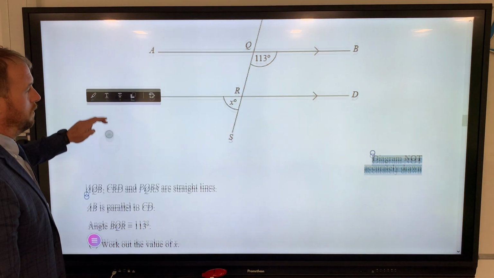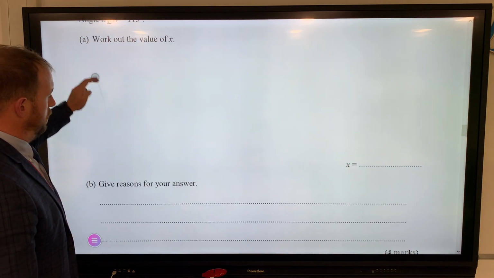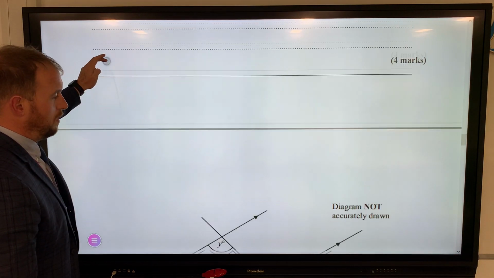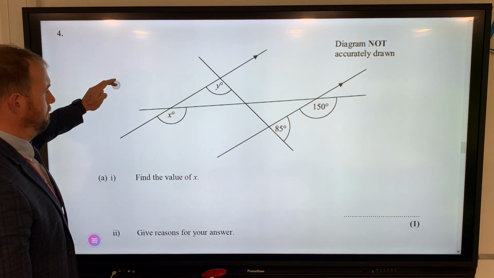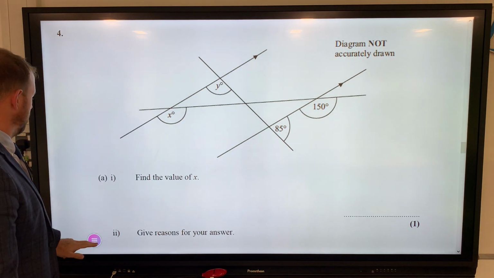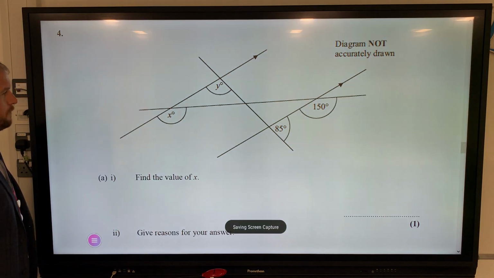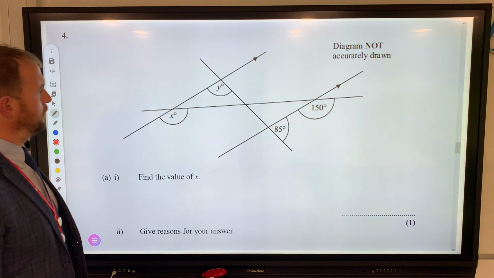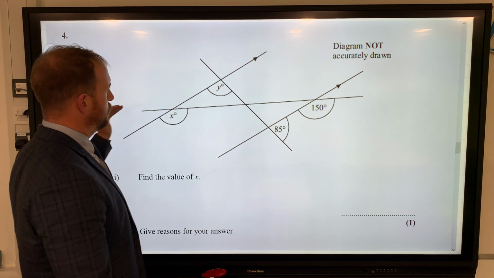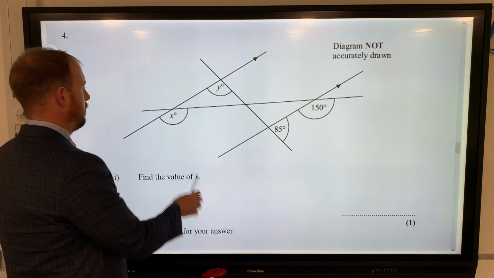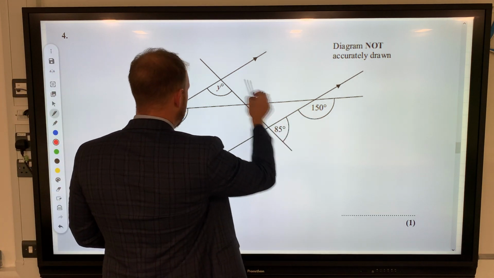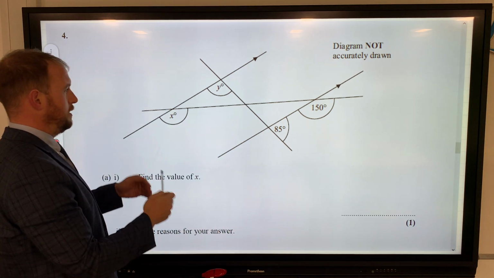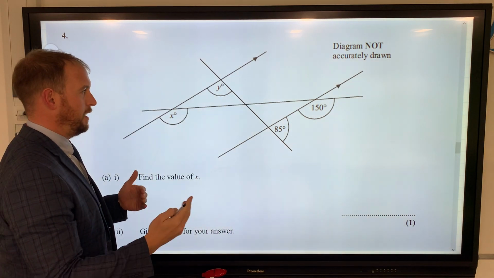Going on to a few more difficult questions. Right, now that looks really, really difficult. It's not as bad as you may think. So we've got two intersecting lines now. We've got this one going right through and this one. Okay, so I need to maybe block some things out.